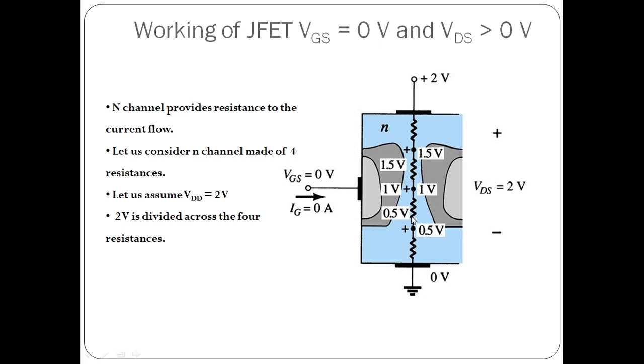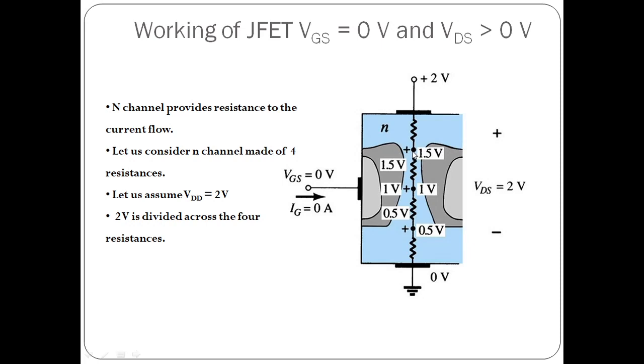So total potential difference across this channel is plus 2 volt. Now we know that the gate terminal is connected to ground, so the gate terminal has 0 voltage. So the voltage difference between gate terminal and at this point over here is nothing but 1.5 volt.